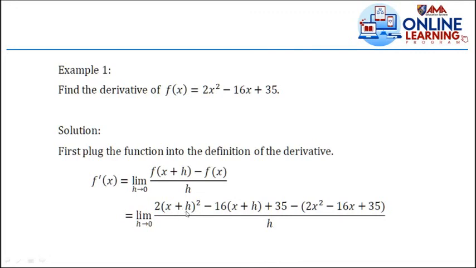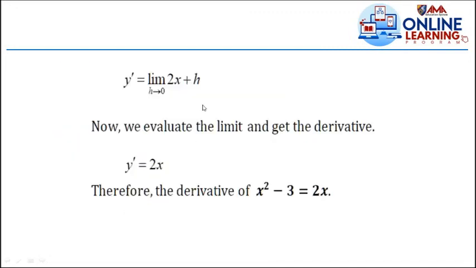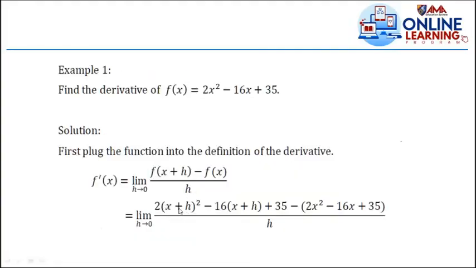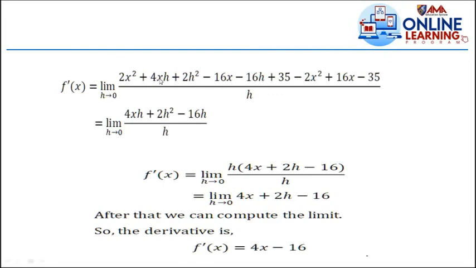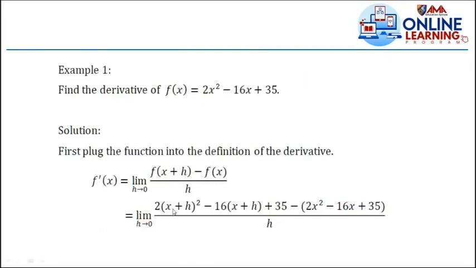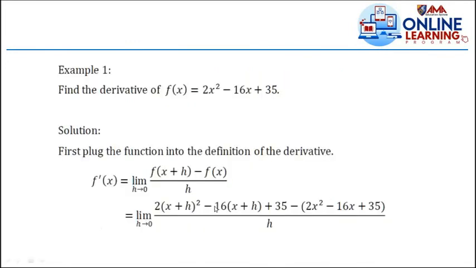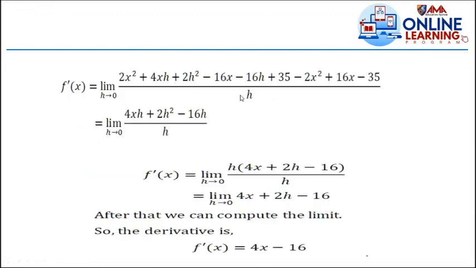After that, we distribute the 2 to the expanded value. So 2 times x squared is 2x squared, 2 times 2xh is 4xh, and 2 times h squared is 2h squared. And then for this one, we distribute, so we have minus 16x minus 16h.